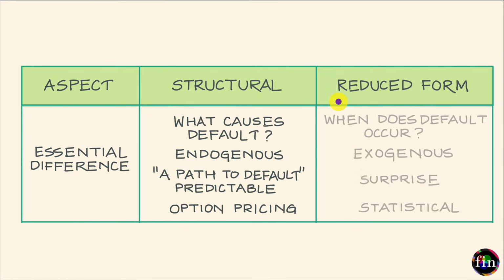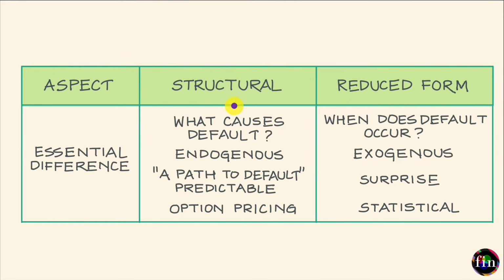If I were to talk about structural models, then please note this: structural models focus on this very important question: what causes default? When you try and build a structural model, you will start off by making assumptions about what are referred to as causal drivers of default.